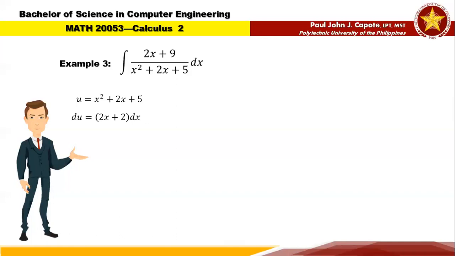However, the remaining term of the integrand after we use substitution is 2x plus 9. Now is 2x plus 2 equal to 2x plus 9? Definitely it's not. But we can do something to 2x plus 9 to make it equal to 2x plus 2.